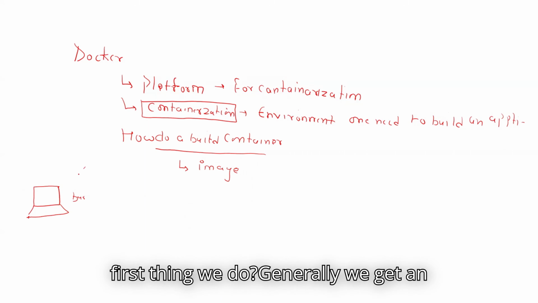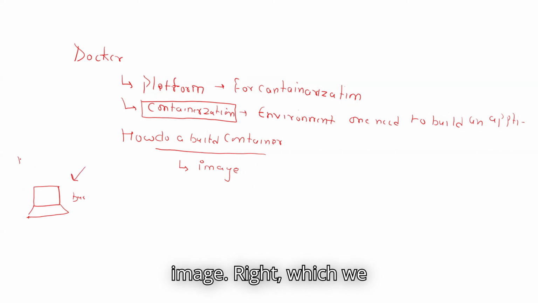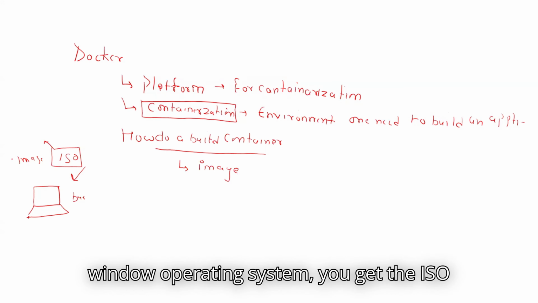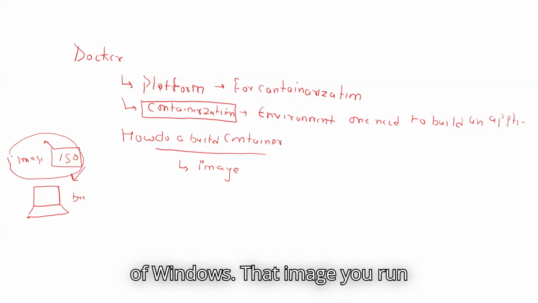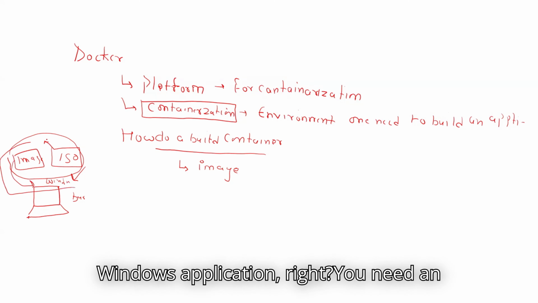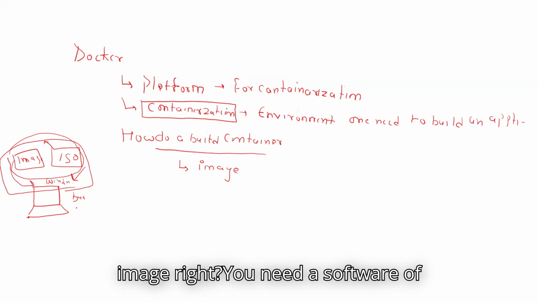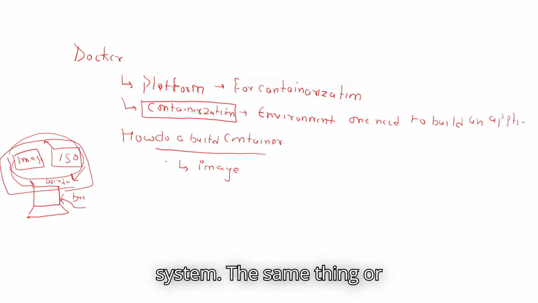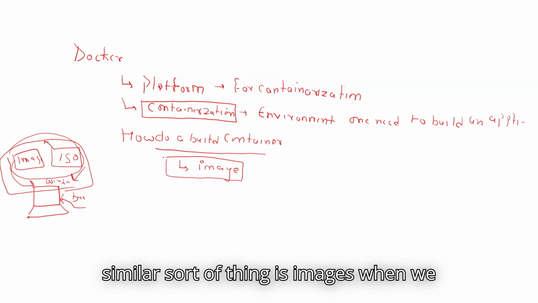What is the first thing we do generally? We get an image, which we call ISO. If you are talking about the Windows operating system, you get the ISO of Windows. That image you run to install the Windows operating system, right? You need a software of Windows to run your operating system. The same or similar thing is images.